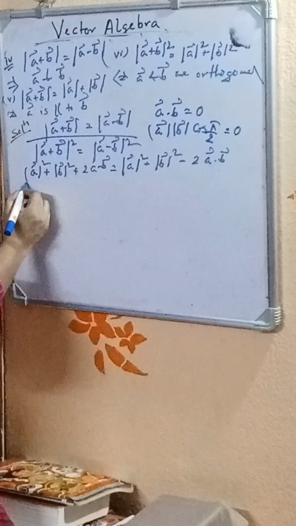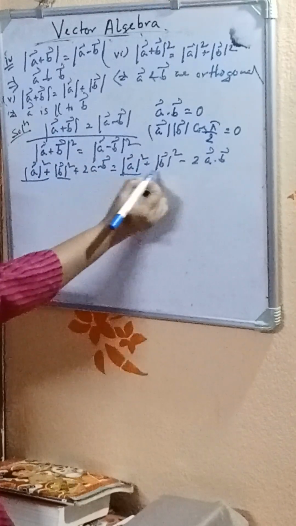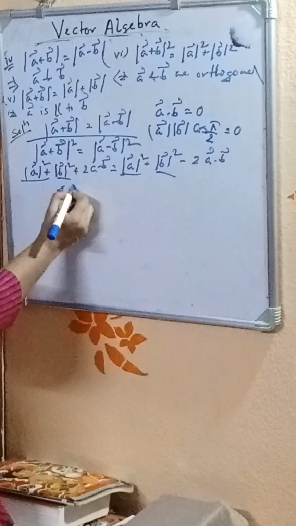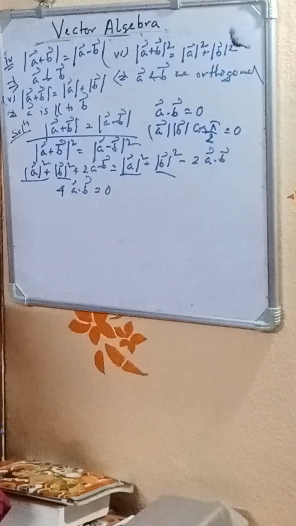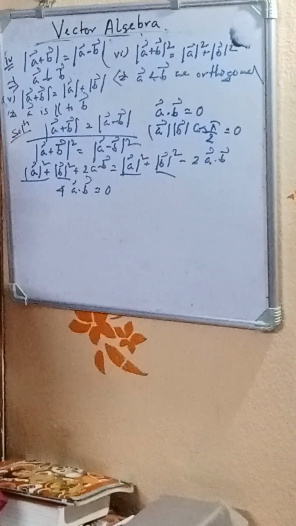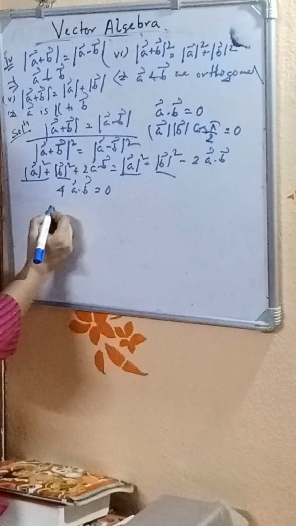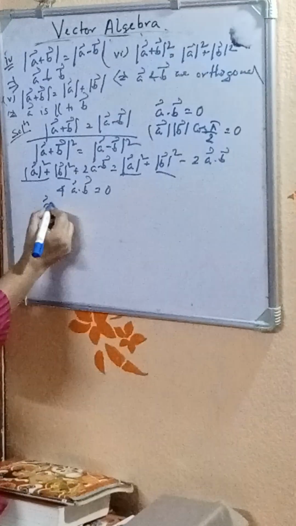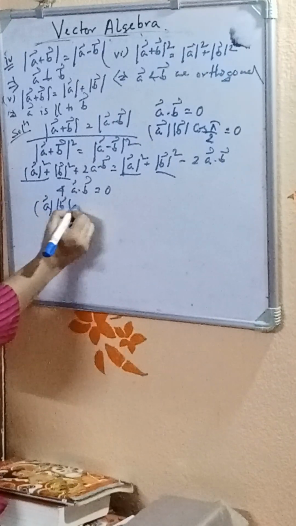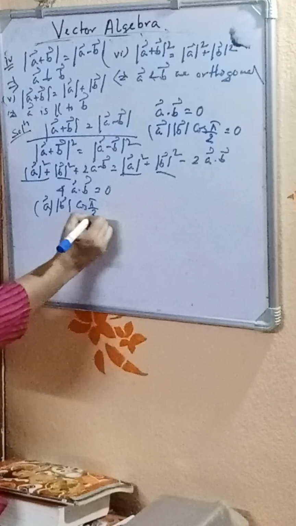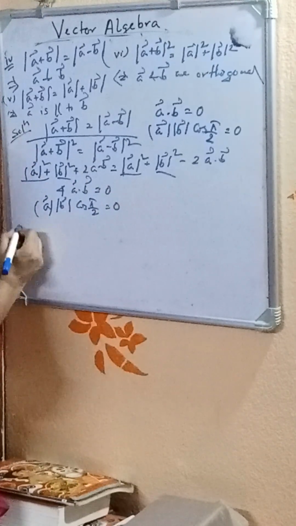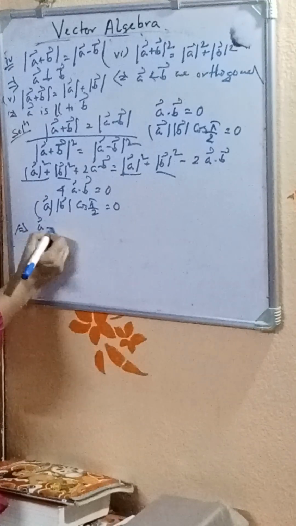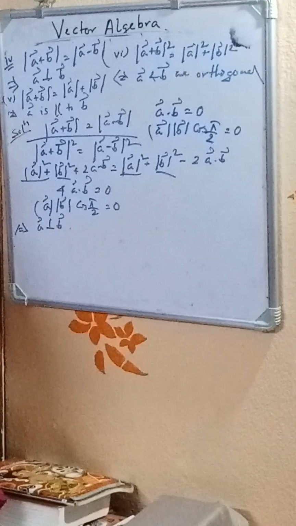From this, these two terms will be cancelled and we get 4a vector dot b vector equals 0. Now, the dot product will be 0 when the angle between them is pi by 2. That implies that a vector is perpendicular to b vector.